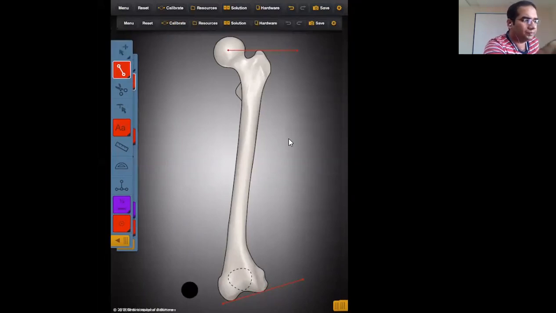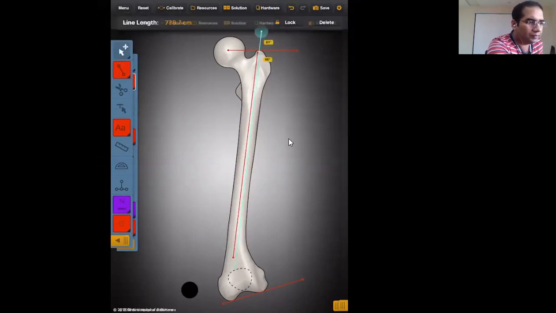Then you will draw a mid diaphyseal line. Okay. Then what will you do? You will draw a line which is parallel to this line, and you will bring this line to the center of the head.